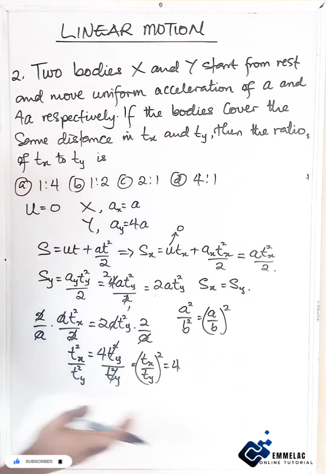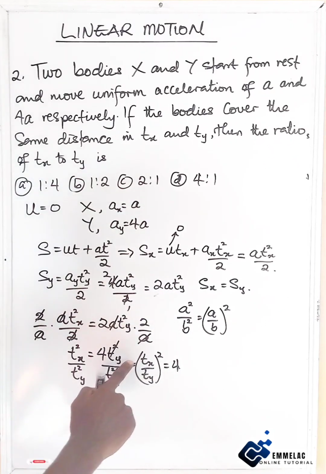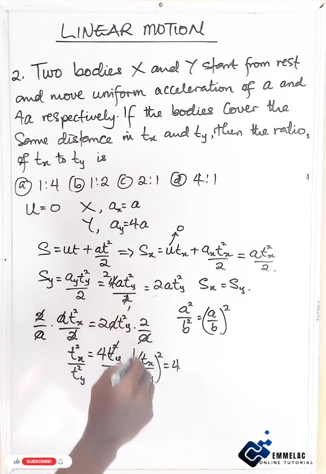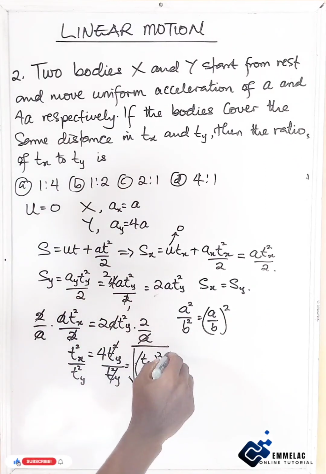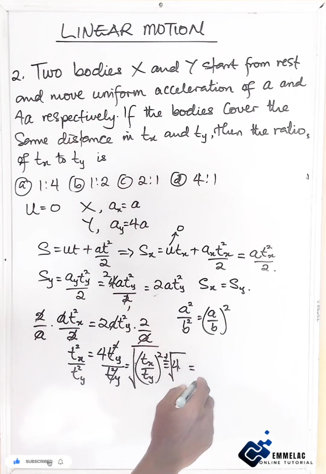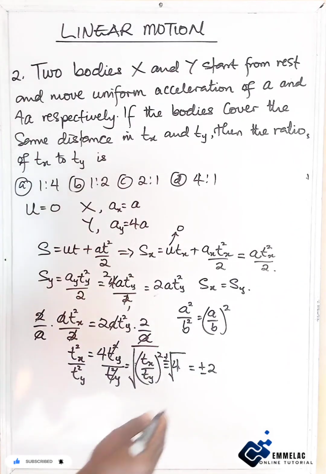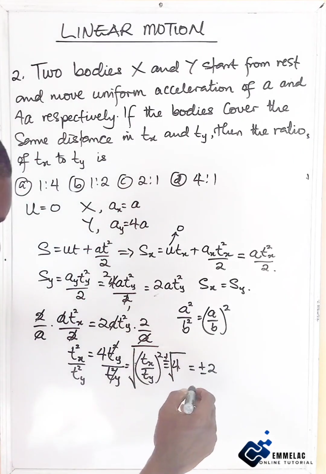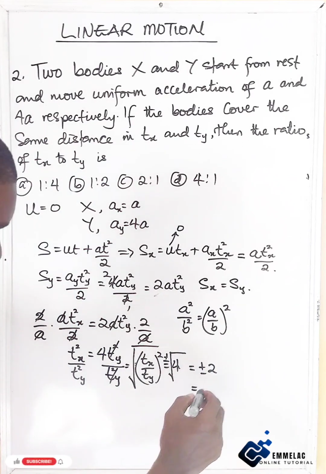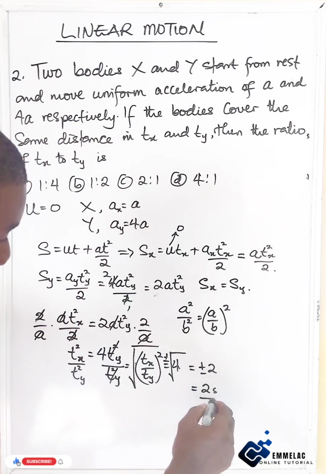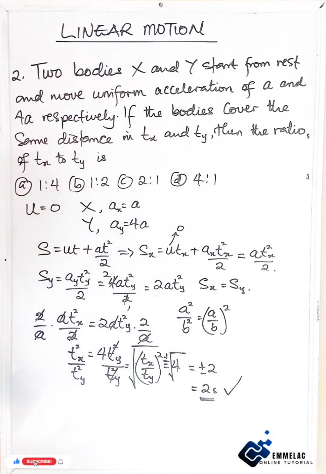Alright, now let us take the square root of both sides. Now take note, this is plus or minus, so we end up having plus or minus 2, but our negative sign is not valid. So here we have 2 as the final answer.